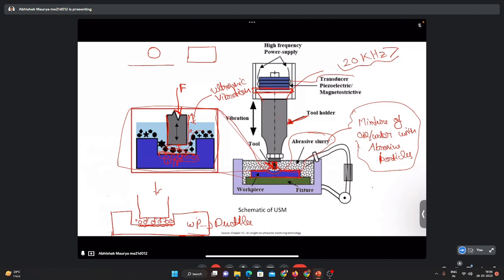Okay, so this technique is mainly used for difficult to machine materials. Like suppose if we have ceramic material, then we cannot machine it by conventional techniques.